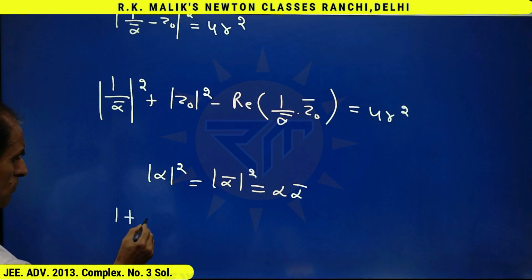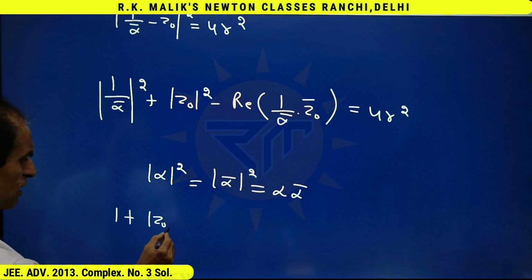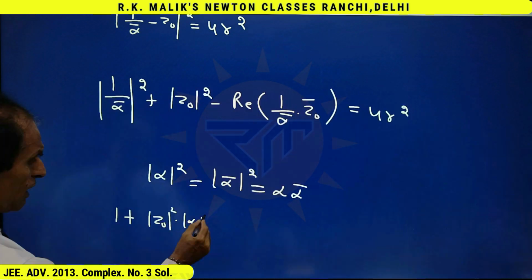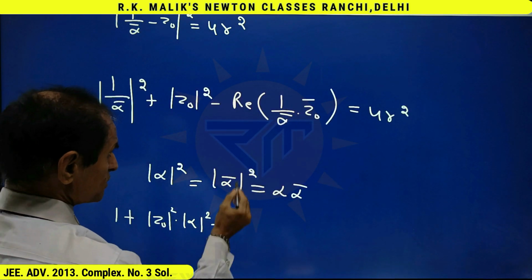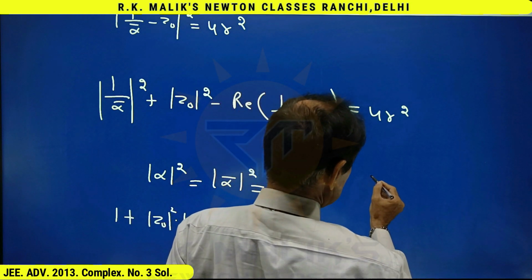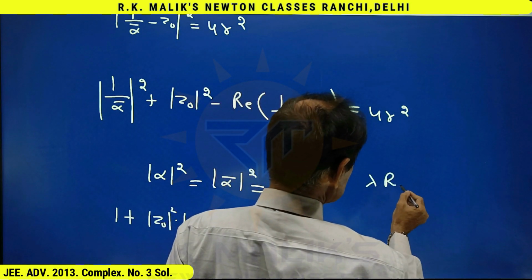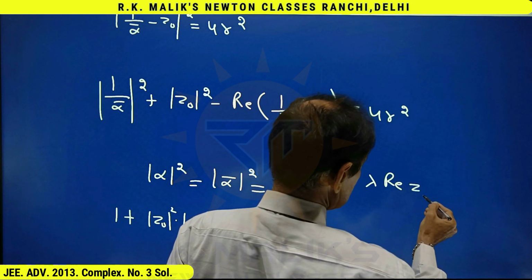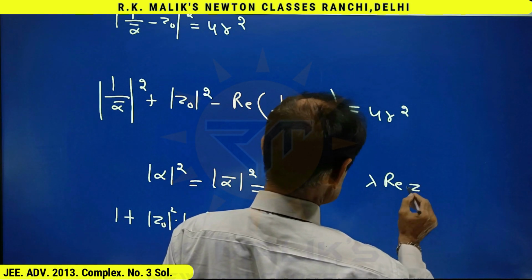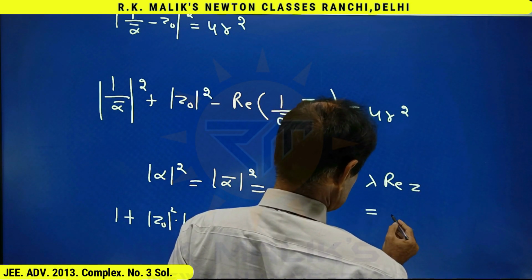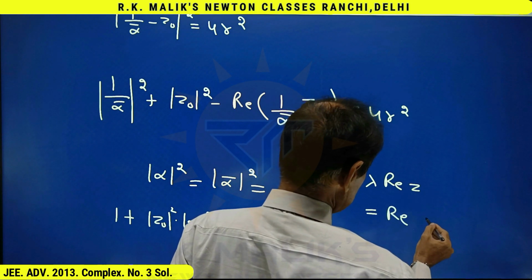1 plus mod of z0 square into mod of alpha square minus, it is also clear that lambda times real part of z, where lambda is real and z is complex, is clearly equal to real part of lambda z.